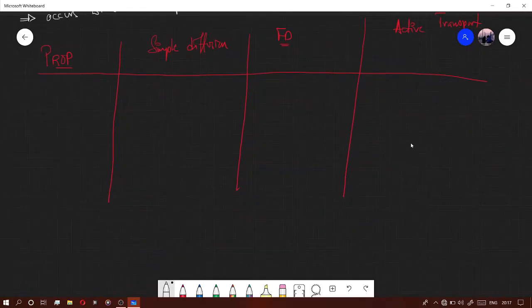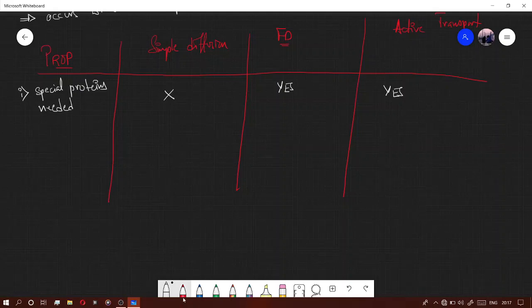Okay, so the first property that we are going to compare is requirement of special protein. Are special proteins needed? Simple diffusion no, in facilitated diffusion yes, and in active transport yes.